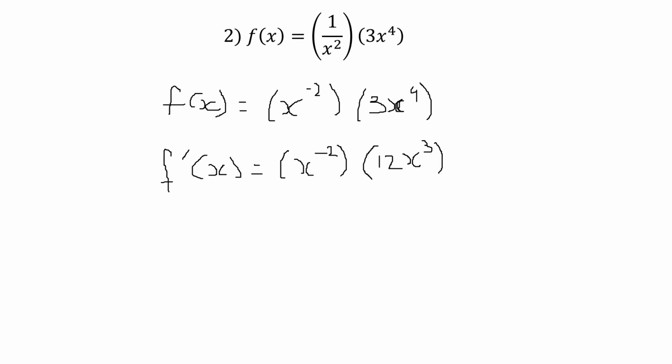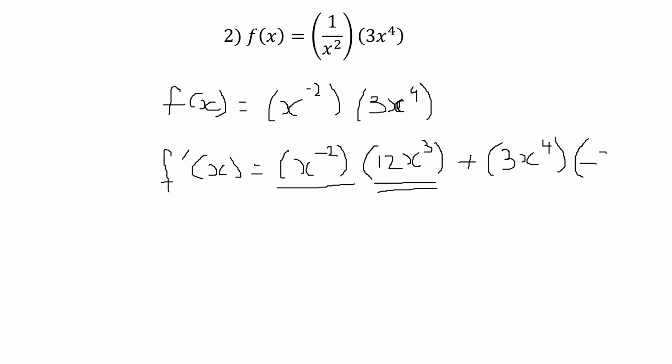So here we have this, and now continuing plus. Remember, the first function stays as it is, and I find the first derivative of the other one. And for the second part now, I keep the second function as it is, and then I find the first derivative of the first one, which is x to the minus 2.